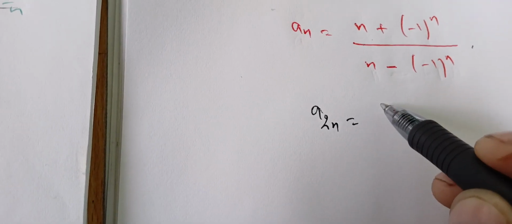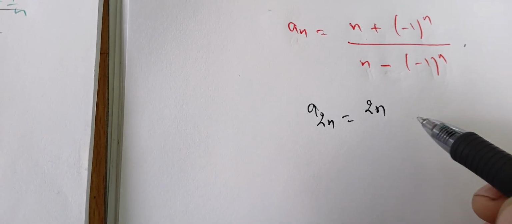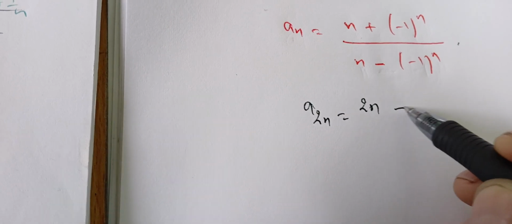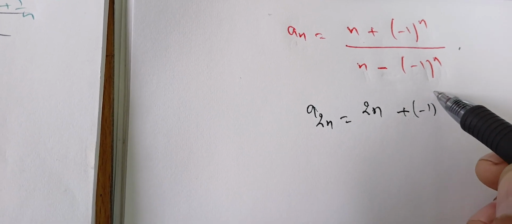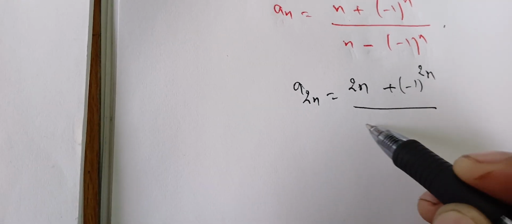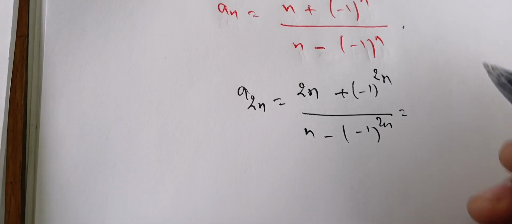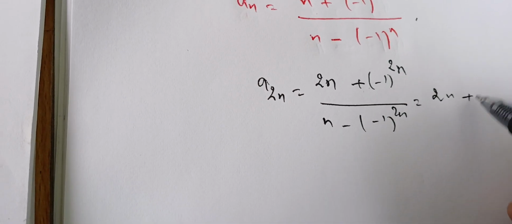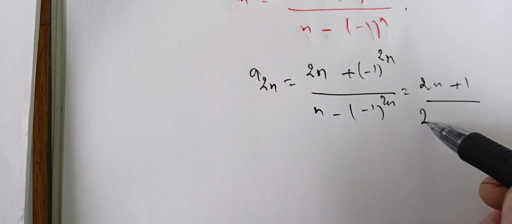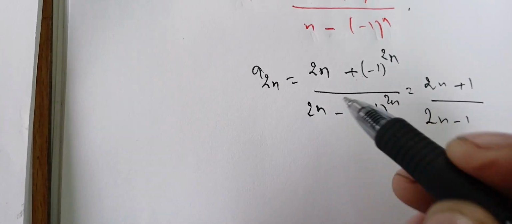Here we just switch n to 2n, and we have (-1)^{2n} over (2n - (-1)^{2n}). I forgot the 2 here.